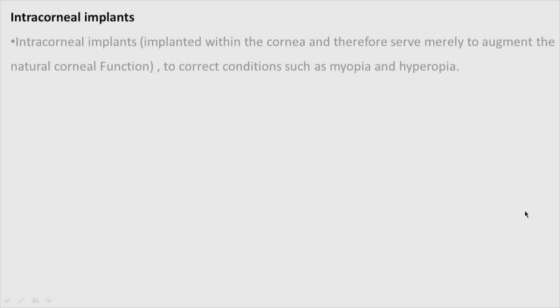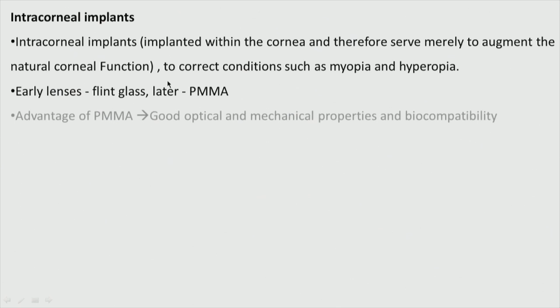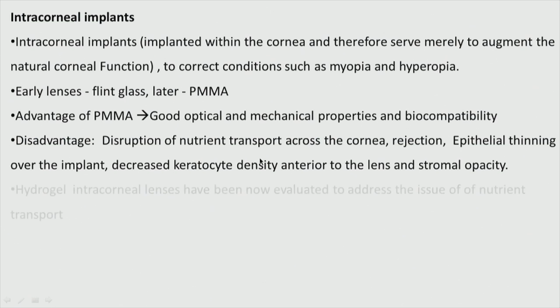Intracorneal implants are implanted within the cornea and therefore serve merely to augment the natural corneal function, to correct conditions such as myopia and hyperopia, made up of flint glass, then PMMA. PMMA, as I have been talking, has good optical and mechanical properties and is biocompatible. Disadvantages: disruption of nutrient transport across the cornea, rejection, epithelial thinning over the implant, decreased keratocyte density anterior to the lens and stromal opacity.